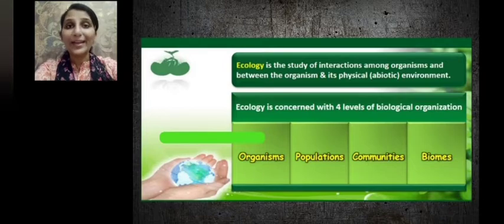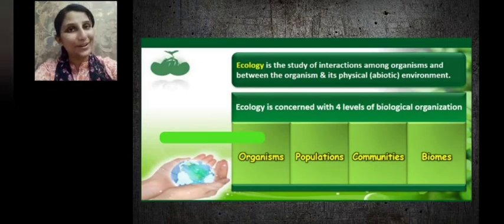So that's about the organism. The organism level is the basic unit of study of ecology. Each organism has its own specific structure and function. And organisms of the same type have the potential to interbreed and give rise to a species. That's about the organism. And what comes next to the organism?